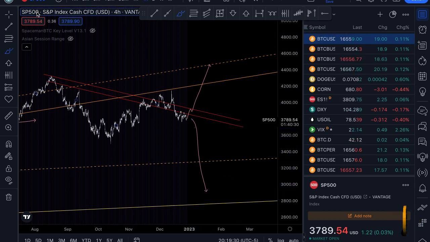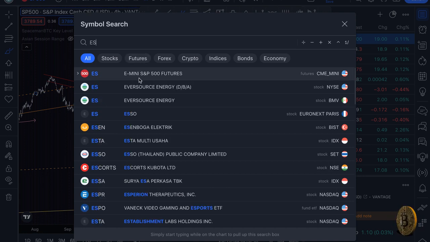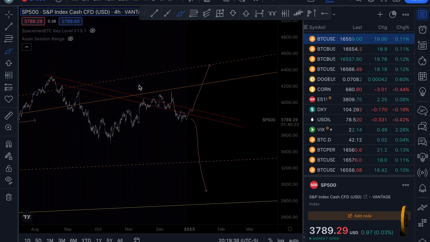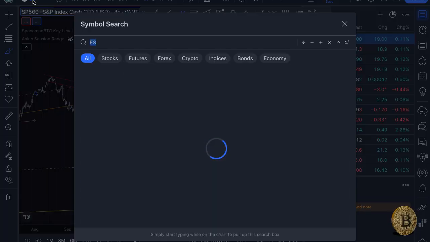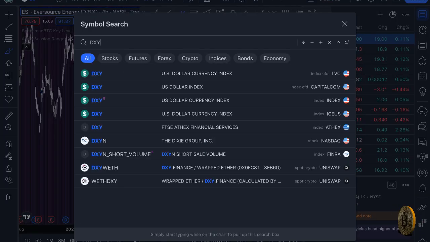Okay, let's look at ES. Actually, let's skip ES. I don't think I'm going to have time. Let's look at the dollar index.